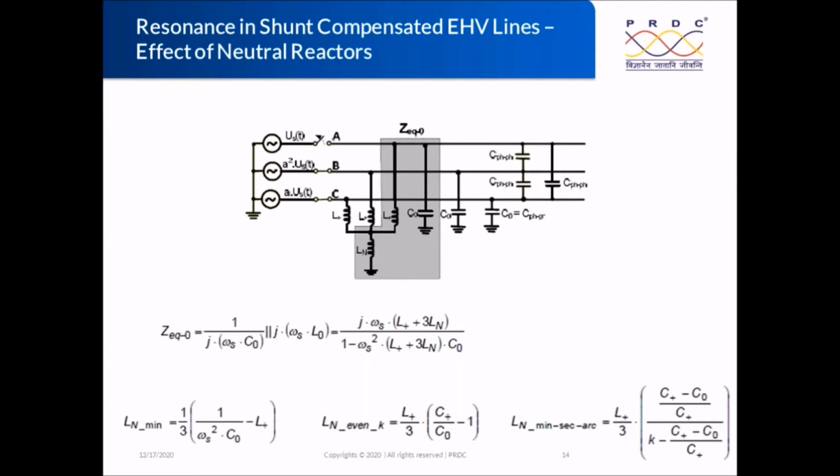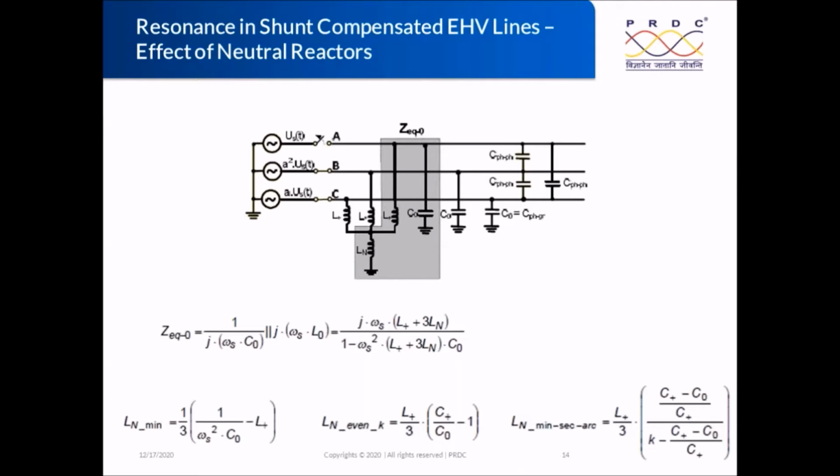That is the default uneven compensation between the positive and zero sequence capacitance values. So in order to make that compensation even, we can add additional neutral reactors so that it will be equal.